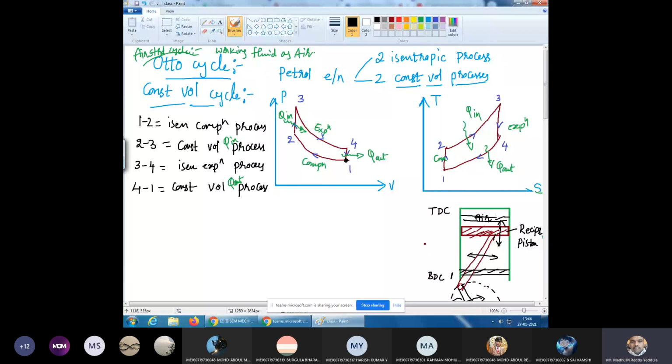Beyond this, the piston cannot move, because here I have the inlet valve, outlet valve, and spark plug. I already told you it's not possible to touch the piston head to the cylinder head, for two reasons. One is the valve design does not allow the piston to touch the cylinder head. The second reason is that every time we touch, there will be friction between piston and cylinder, and therefore wear and tear will take place. That is the reason it's not possible to touch the piston head to the cylinder head.